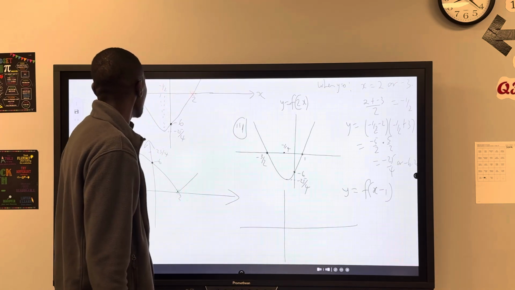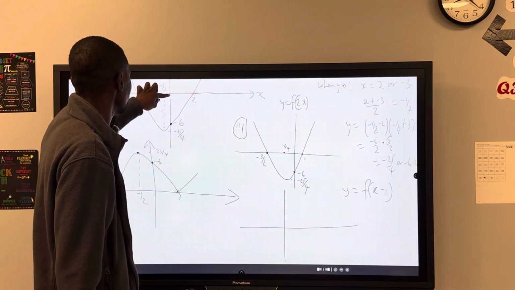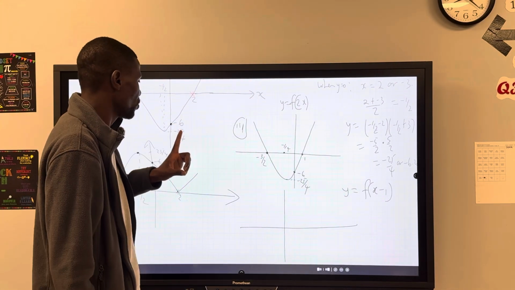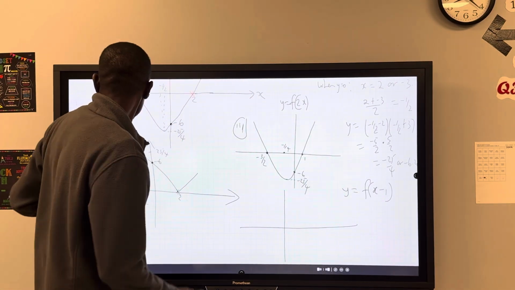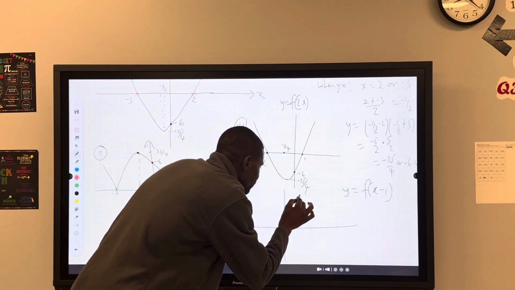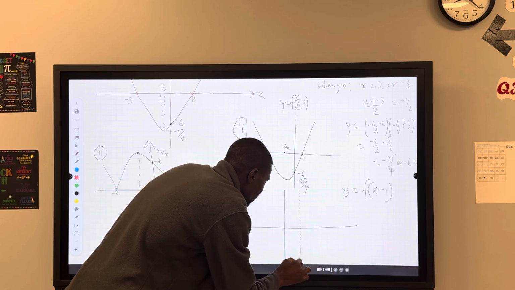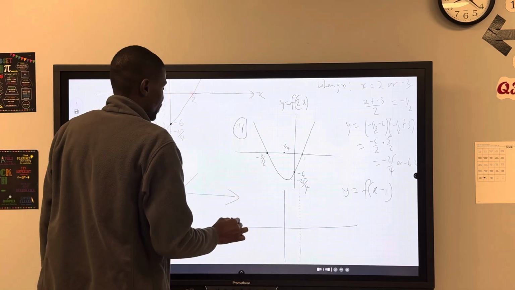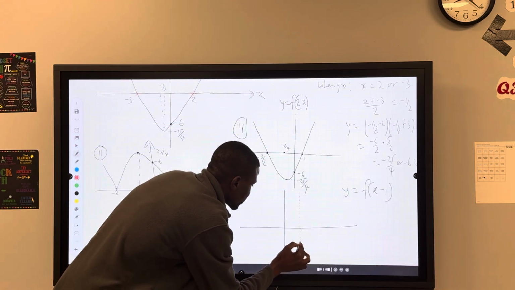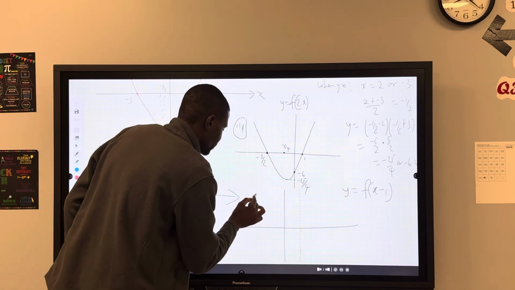Meaning to say, everything that was happening here will now be taking place at 1. So you have to be careful. I want you to just try and put an imaginary line here. Remember, this is now your 1, right? So I need this part. Okay, so the graph will be like this.